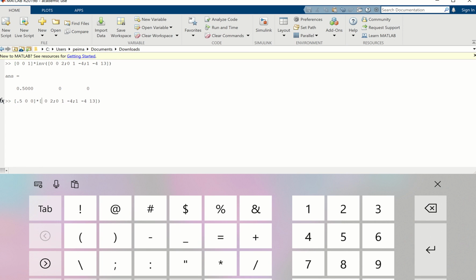8, 18, and 6. Next one is minus 3, minus 1, and again minus 3, and the last line, to avoid this torture, is 3, 3, 11.